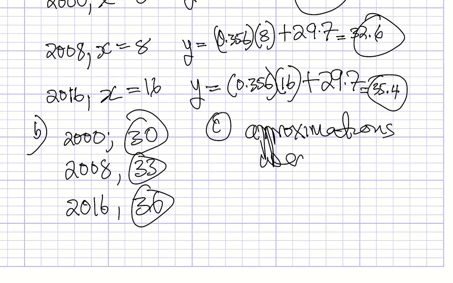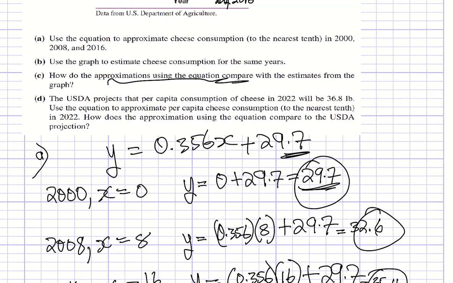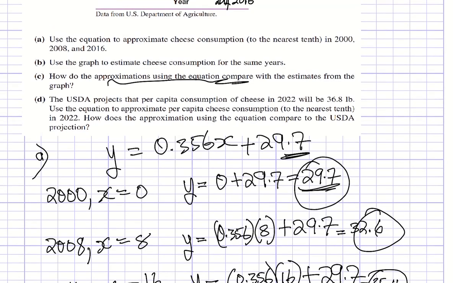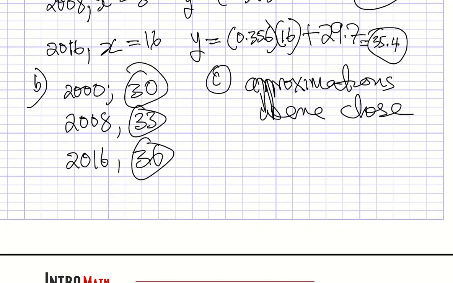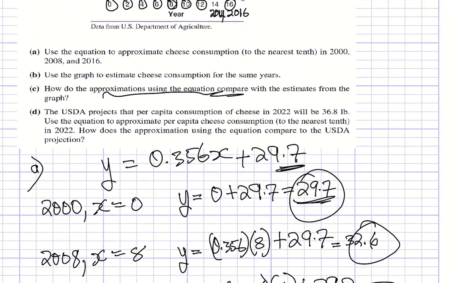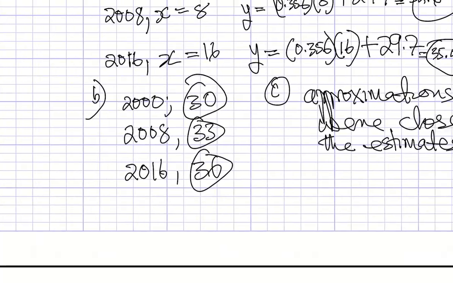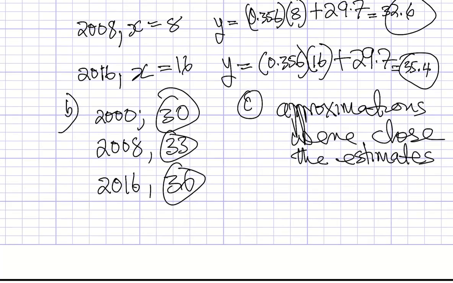We are close, right? I would say we are close to the estimates. Okay, approximation using equation is close to the estimates using the graph. Okay, what is D?